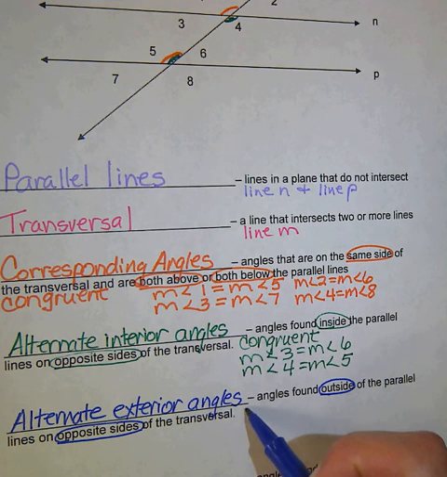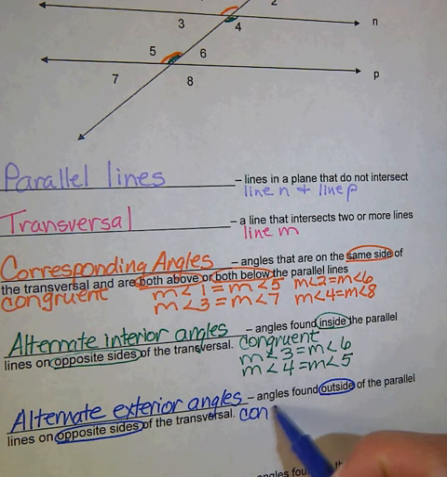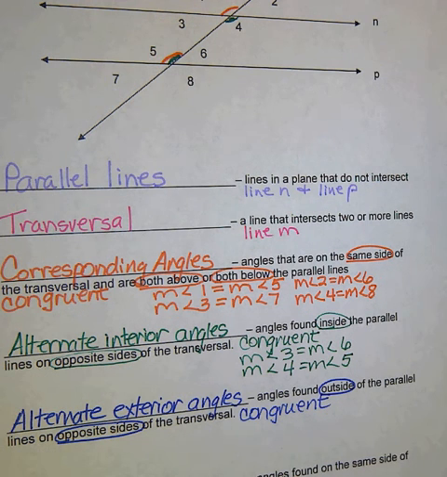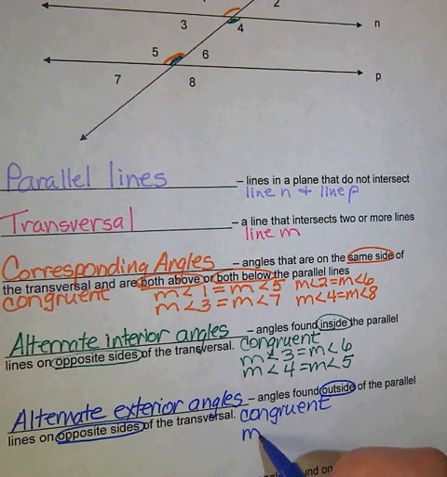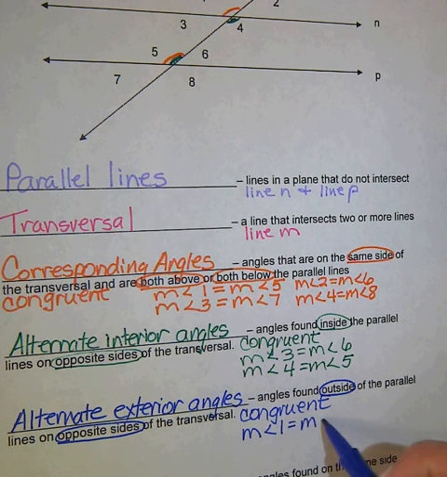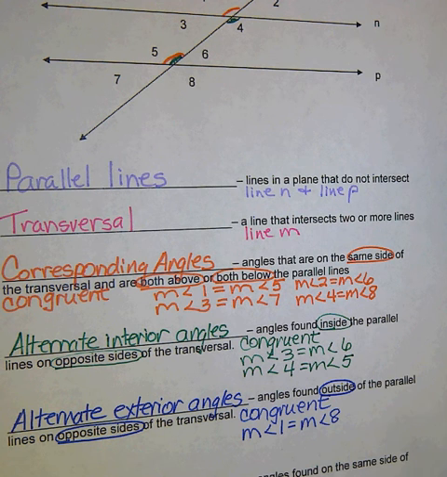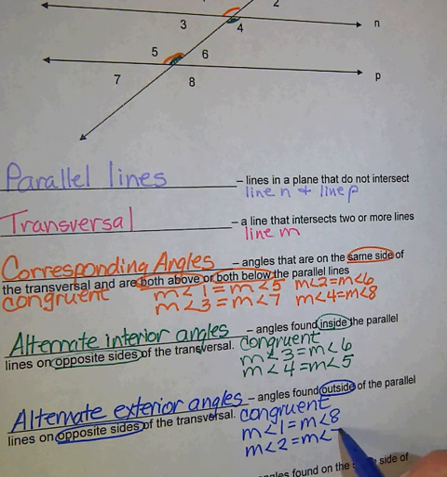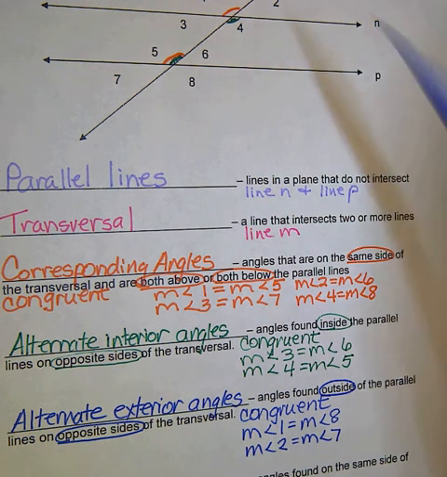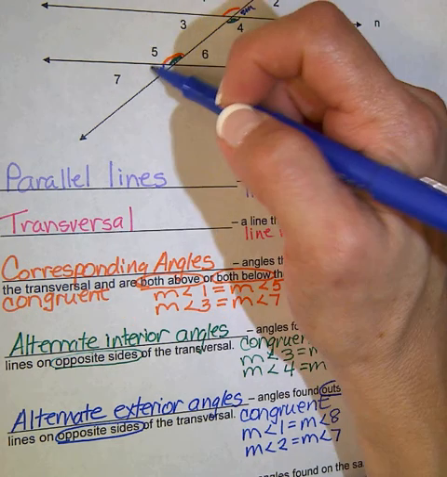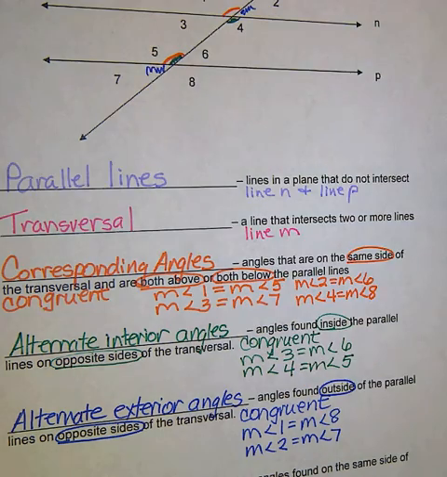And you might have guessed that they are also congruent. So we can say that the measure of angle 1 equals the measure of angle 8. And the measure of angle 2 equals the measure of angle 7. So for example, 2 and 7 are alternate exterior angles.